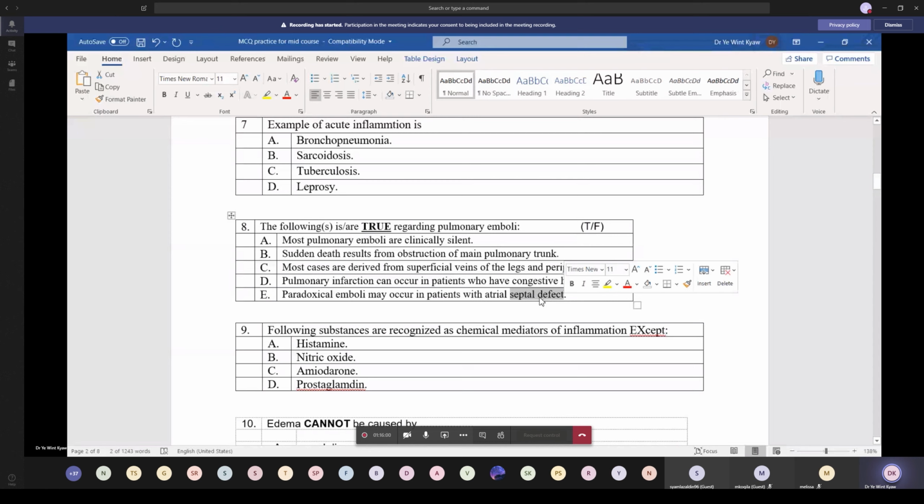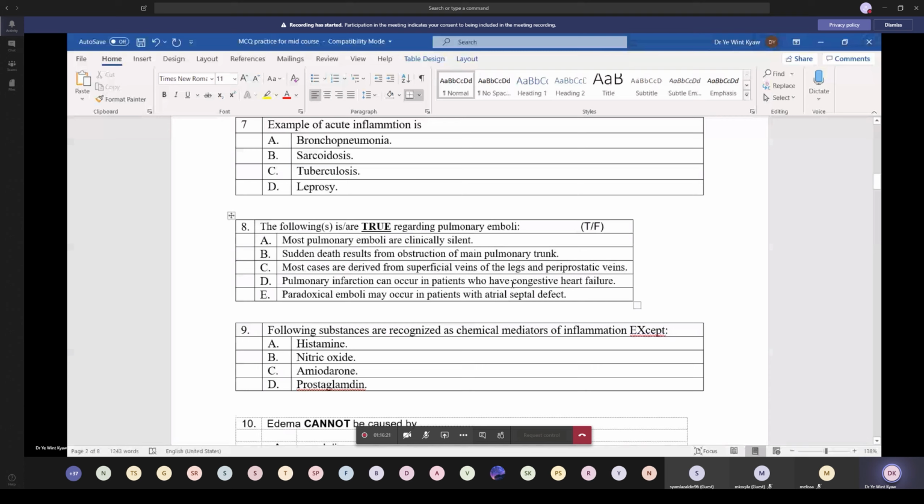So this is quite easy. I'm not sure, is it the congestive heart failure or is it right heart failure? If previously they have heart failure, they are prone to pulmonary infection. This is quite correct, but quite difficult for you. If you cannot understand this one, okay, you will understand after the heart failure lecture.